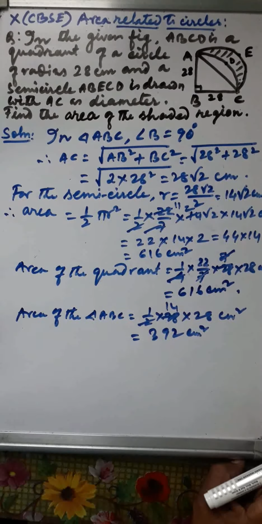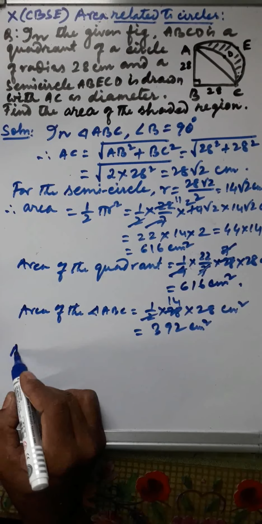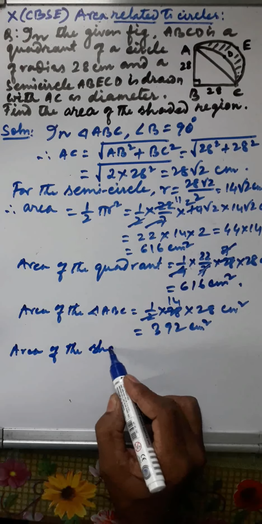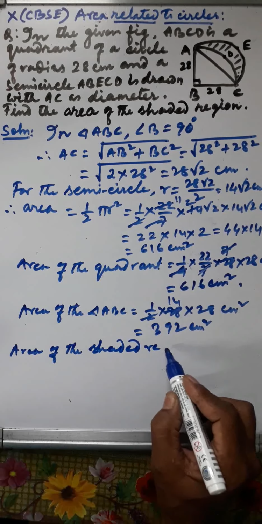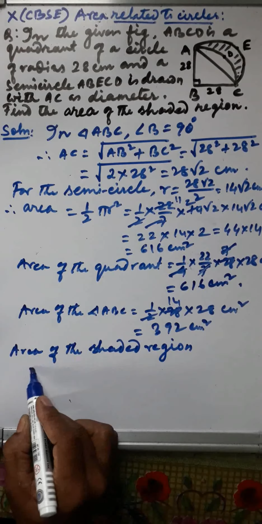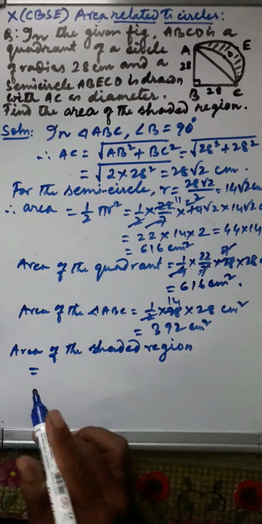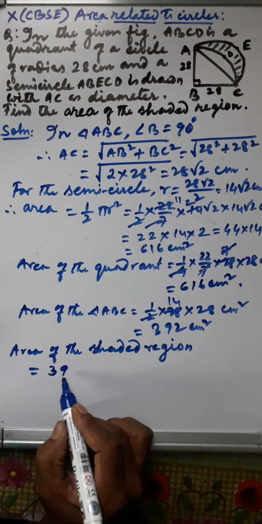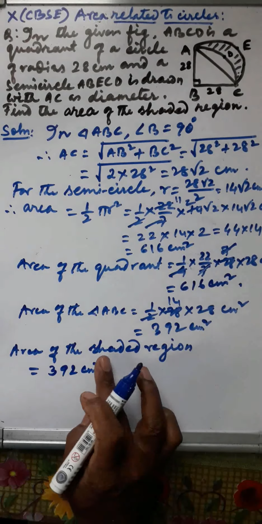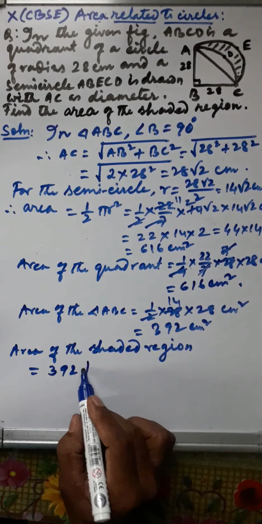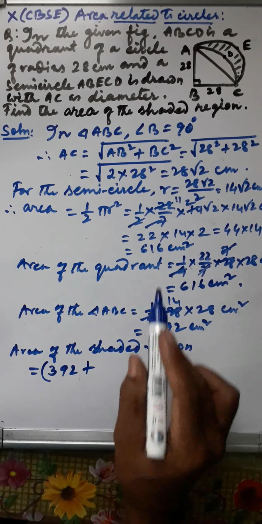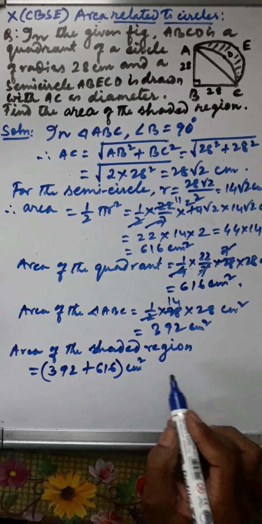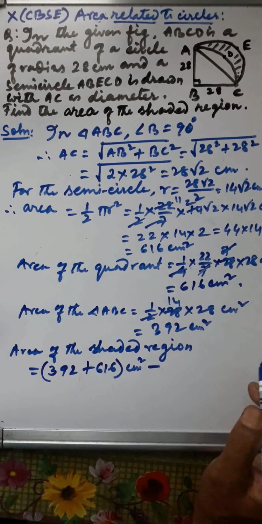Now finally we have to find the area of the shaded region. It is equal to the whole area, the area of triangle ABC, directly you can use 392 centimeter square, plus the area of the semicircle, 616 centimeter square, minus the area of the quadrant.